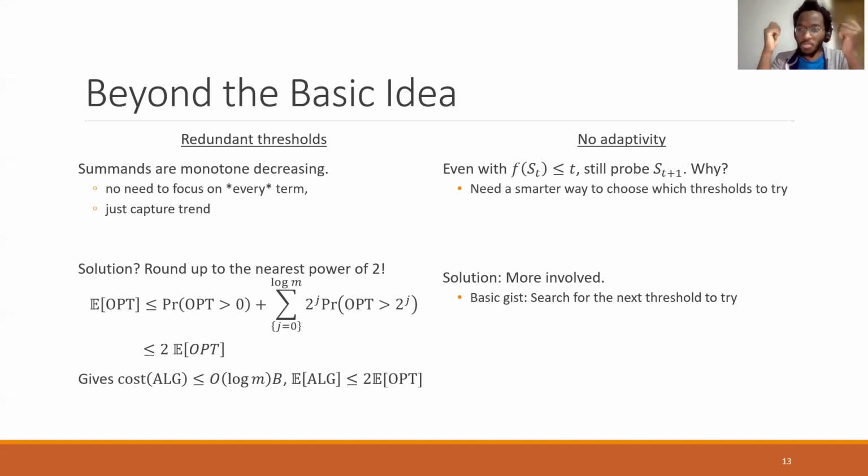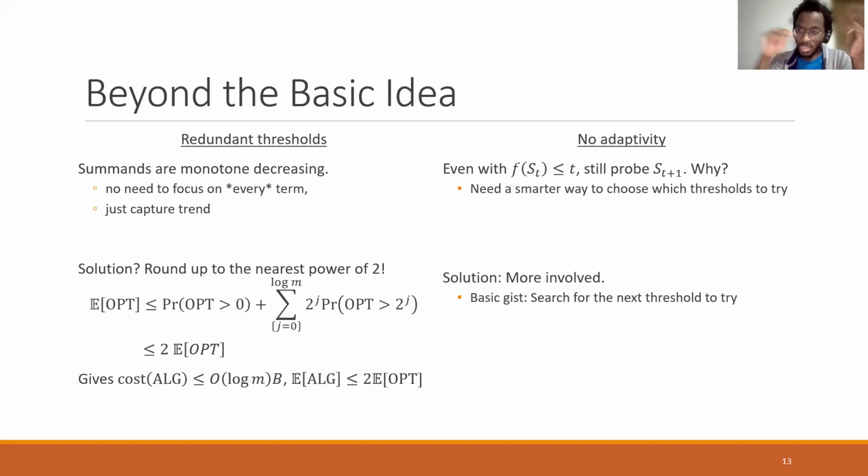So for example, if we're probing things in a certain order and we perform the threshold test at a threshold t before we do t plus 1, if we succeed at this threshold test, if we get an objective value that's smaller than t, we're still going to go try to do all of these threshold problems where we're trying to get an objective value below a threshold that's larger than t. So why would we ever do that? So clearly we need a smarter way to choose which thresholds to try.